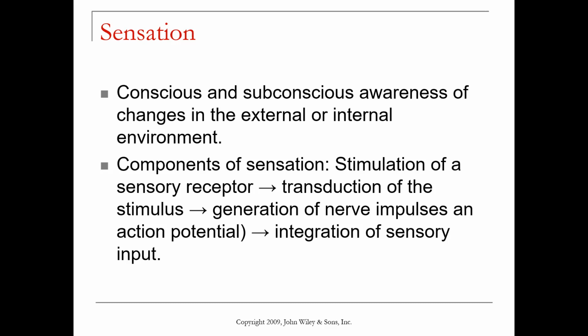And I will tell you that every nerve impulse, regardless of the receptor, every nerve impulse is just like any other nerve impulse. They all look the same. It's how they get interpreted in the brain that tells us what they are.